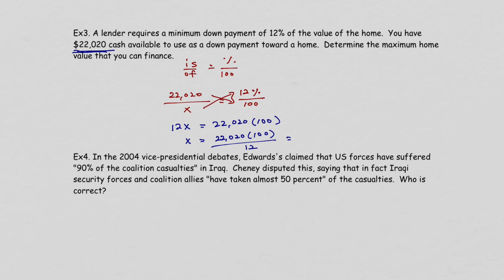And when you plug in those numbers, multiplication and division, you get something close to 183,500. So that will be the maximum price of the home that person can buy with cash available of 22,020, because the mortgage company requires you to pay 12%.